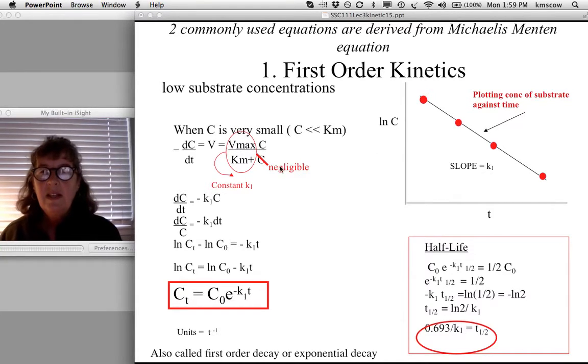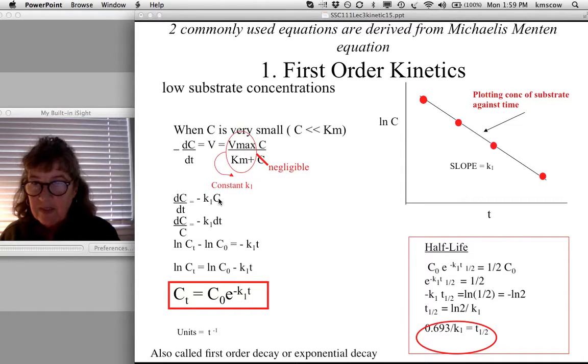Okay, while we're still back at first order, I want you to note that in this first order equation, there's a rate constant times concentration. So the rate is dependent on what?